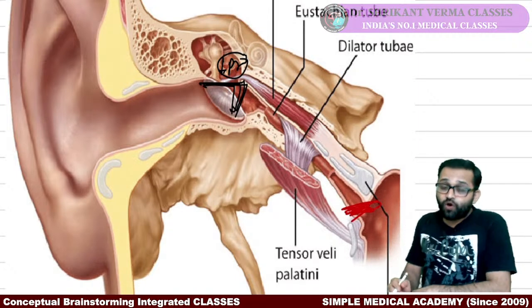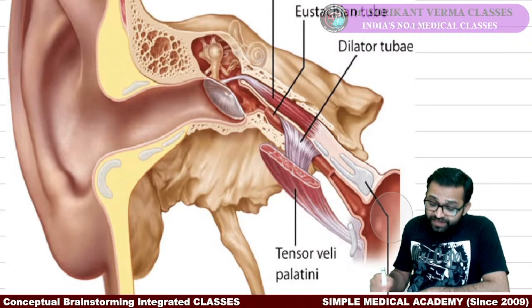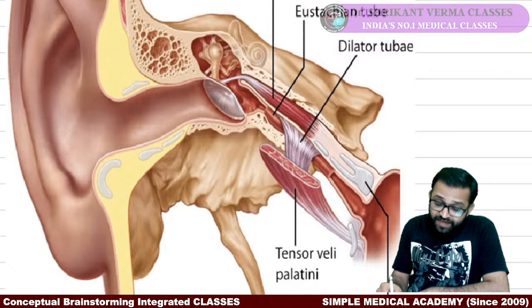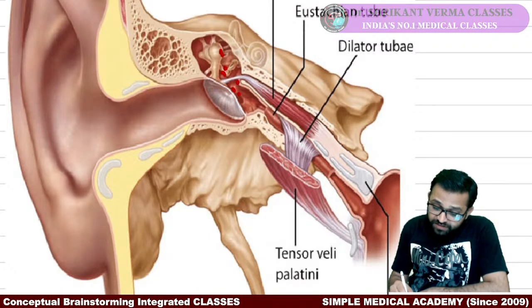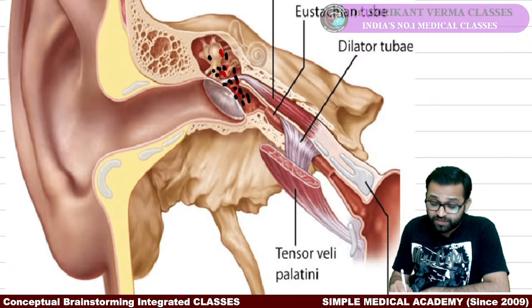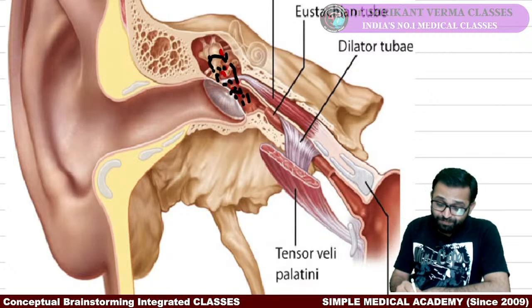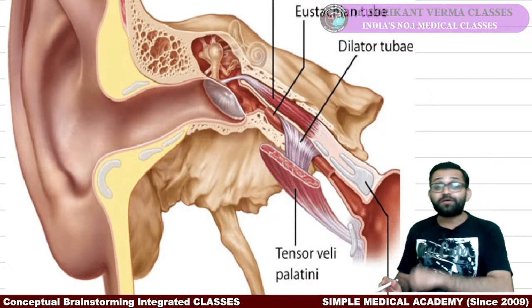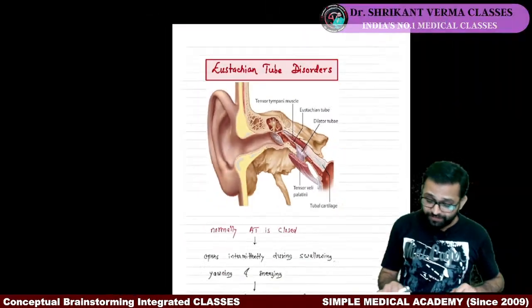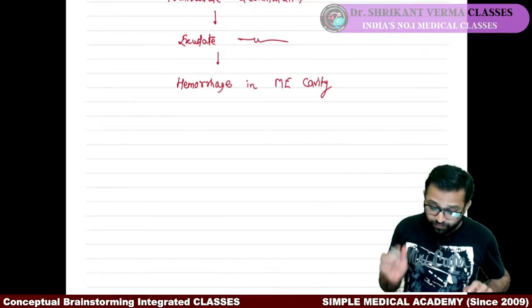All this will lead to the beginning of inflammation, so there will be transudate first, then exudation, then blood accumulation. These are the problems, and hemotympanum may also develop. Blood within the tympanic cavity is a hemotympanum. So these are our different points.